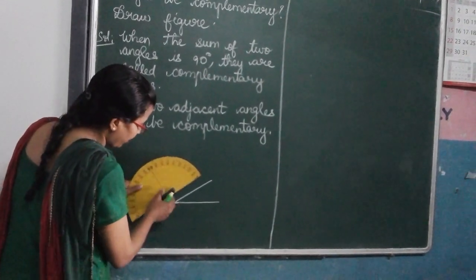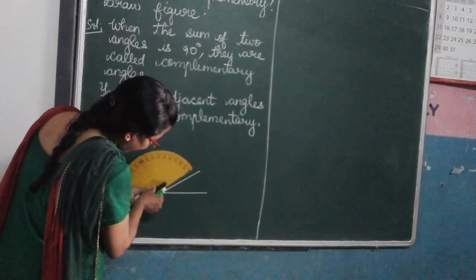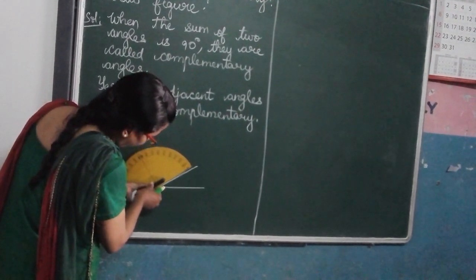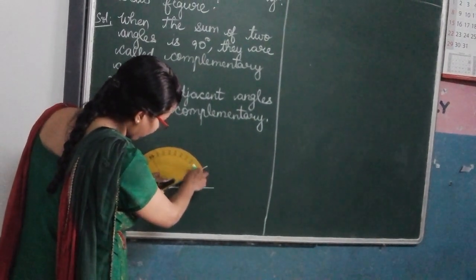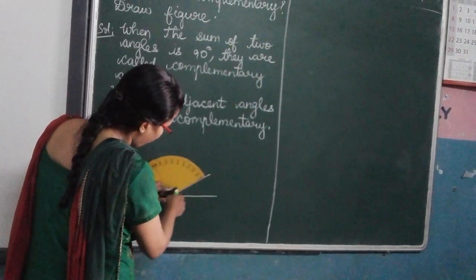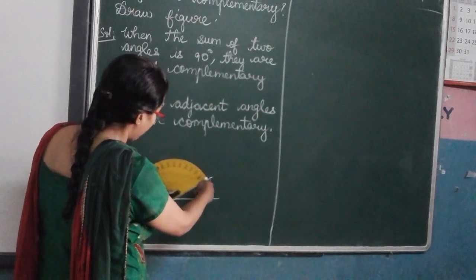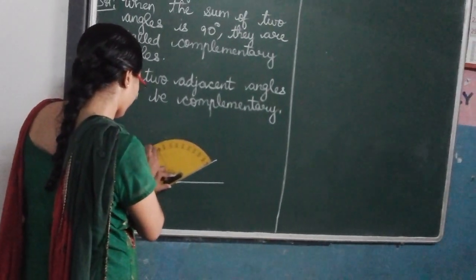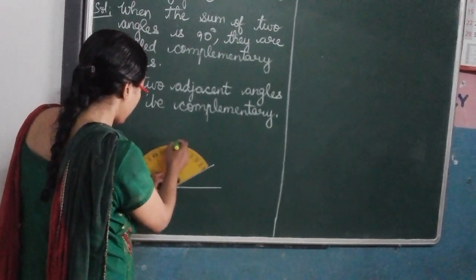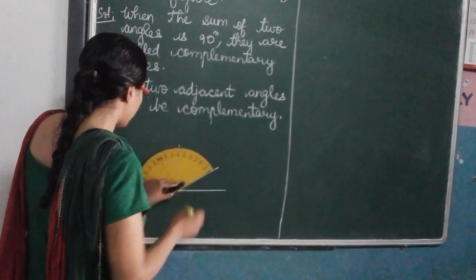See that the vertex is matching with the center of the protractor, and the baseline of the protractor is matching with the arm of the angle. Now mark 60 degrees.